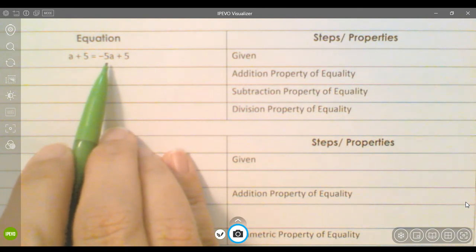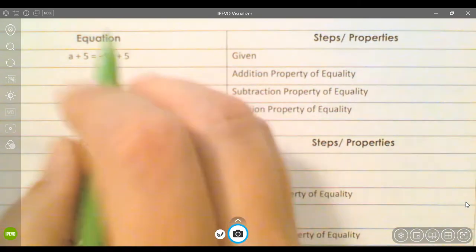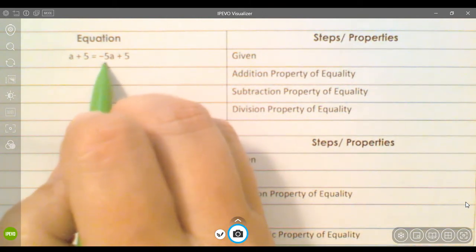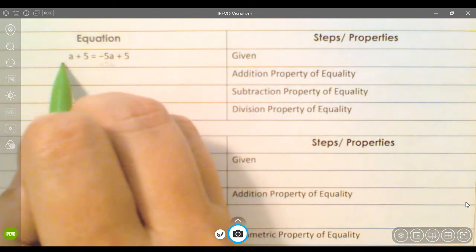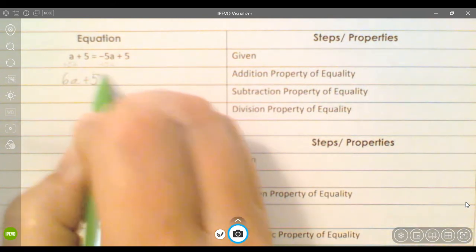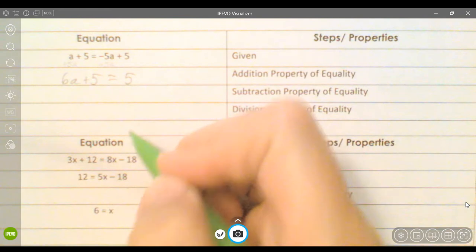I avoid negative variables like the plague because there are several chances for me to accidentally drop that negative or forget to bring it along, and I don't need that worry. So to get rid of -5a, we'll add it to both sides. So we get 6a plus 5 equals 5.